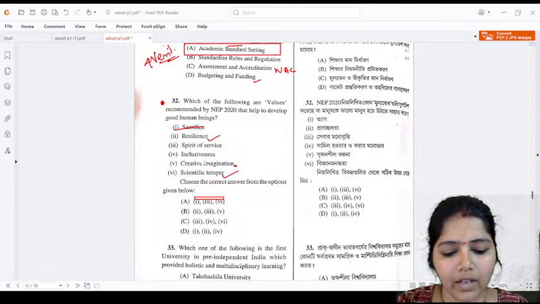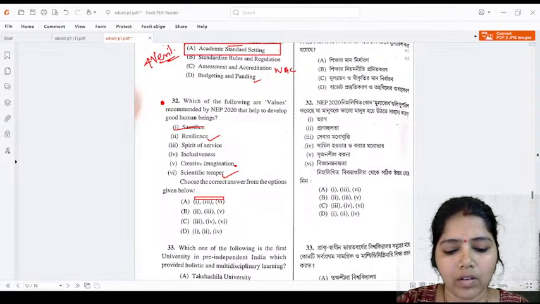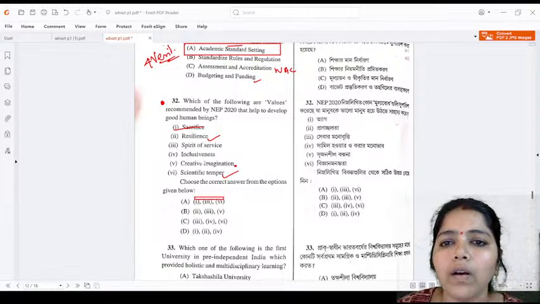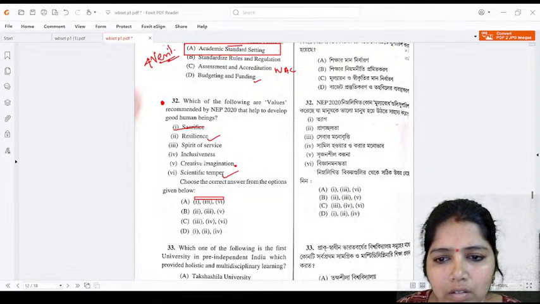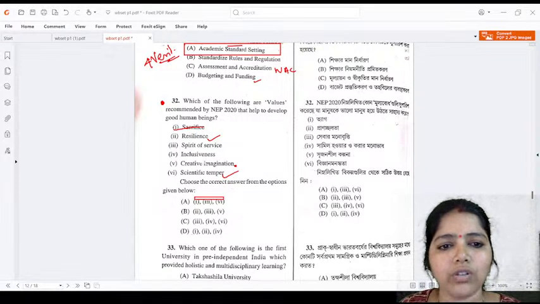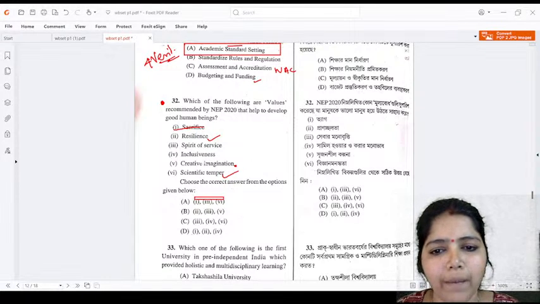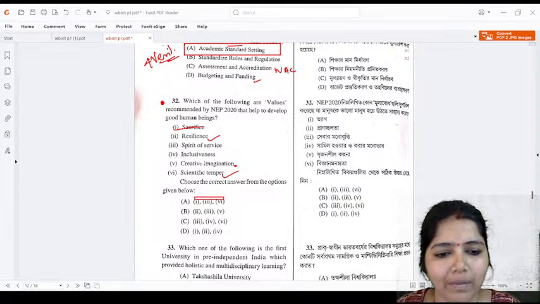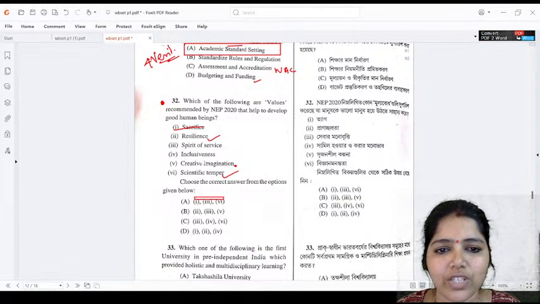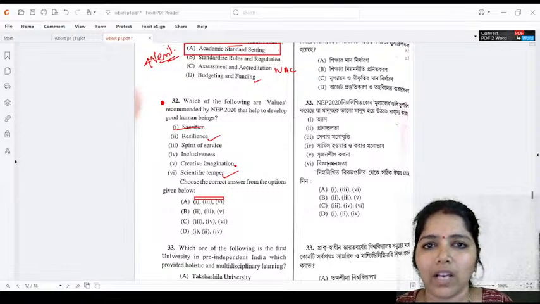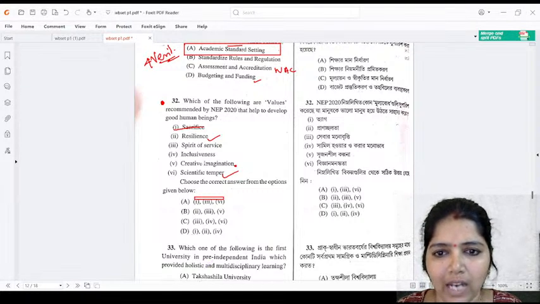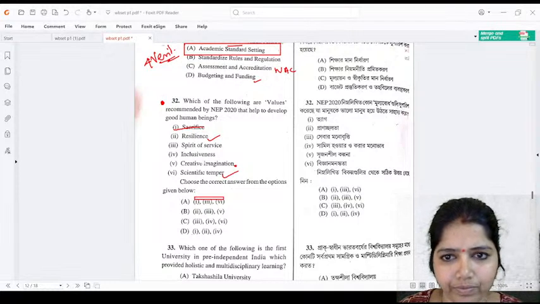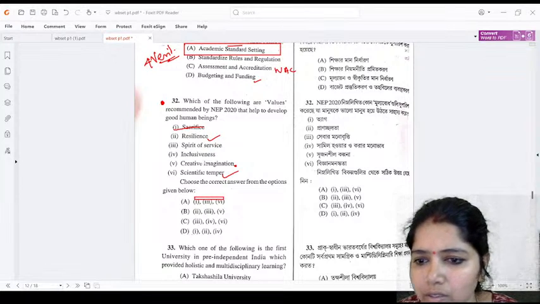They should be capable of rational thought and action, possessing compassion and empathy, courage and resilience, scientific temper and creative imagination. So many things are given in the NEP document. So with regard to values, I have a doubt with this question.